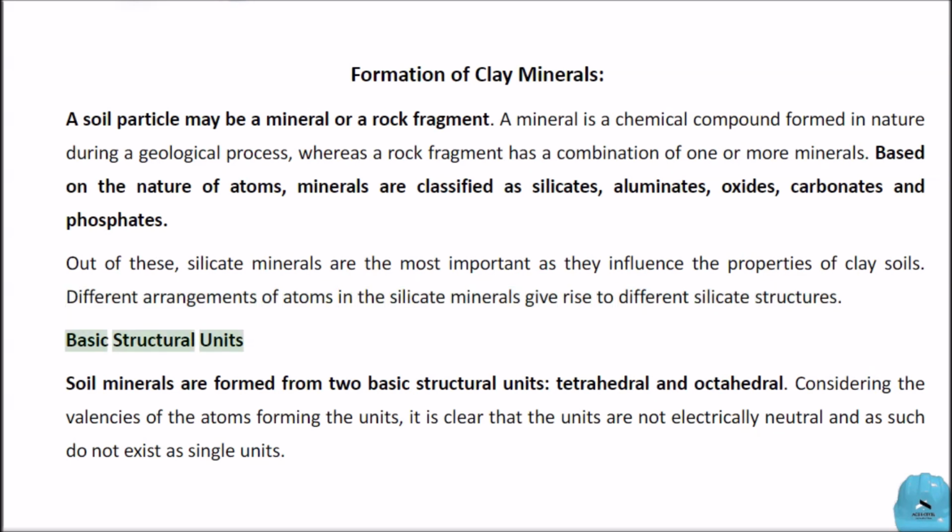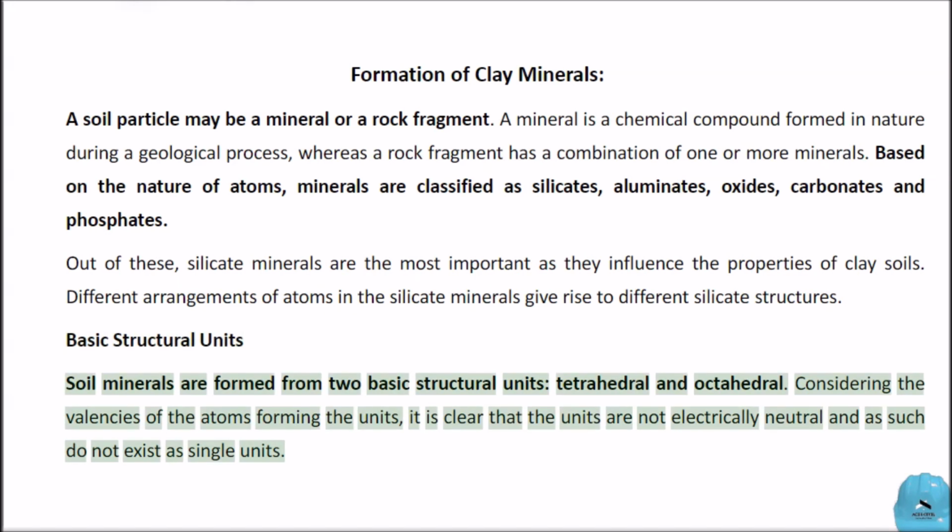Basic structural units. Soil minerals are formed from two basic structural units, tetrahedral and octahedral. Considering the valencies of the atoms forming the units, it is clear that the units are not electrically neutral and as such do not exist as single units.